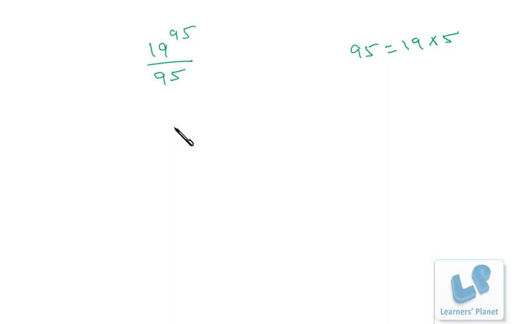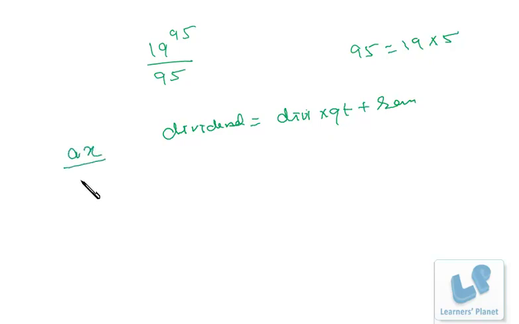See, I'm going to explain the logic behind whatever I'm doing. Now what happens? If you divide a number, you can say dividend is equal to divisor into quotient plus remainder, right? Suppose I have a dividend, say AX, and I divide this by BX, right?